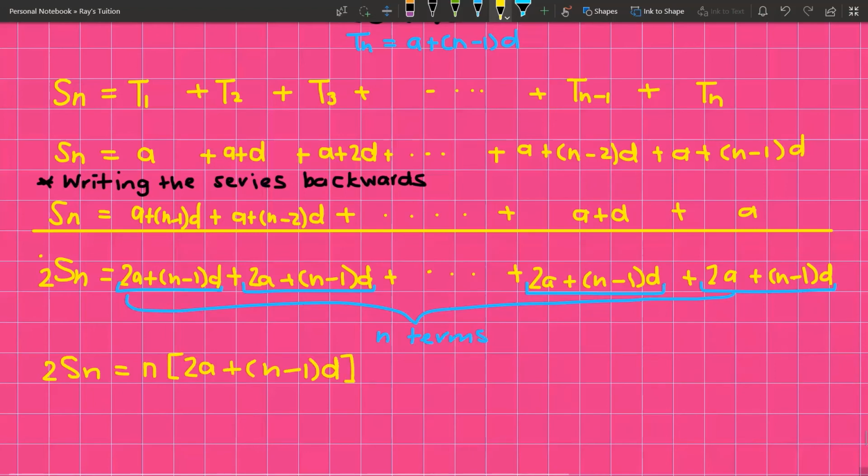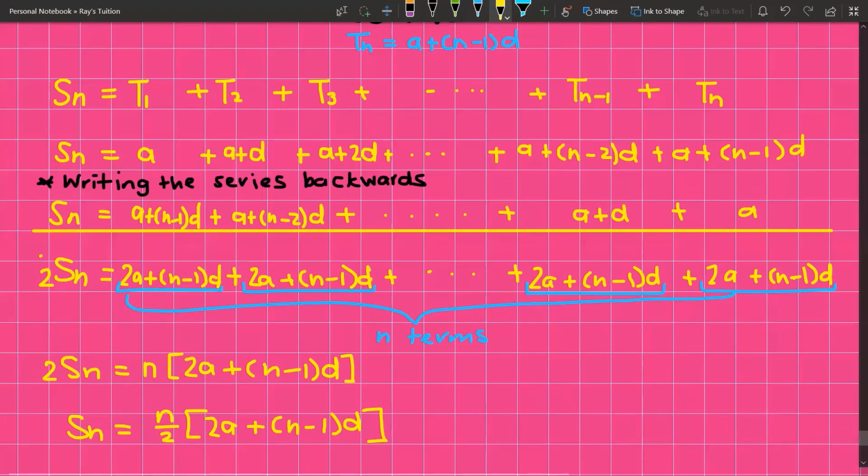Then, to make Sn the subject, we divide both sides by 2. So we get n over 2 times 2a plus n minus 1 times d. That is how we get the formula, and that is the formula.